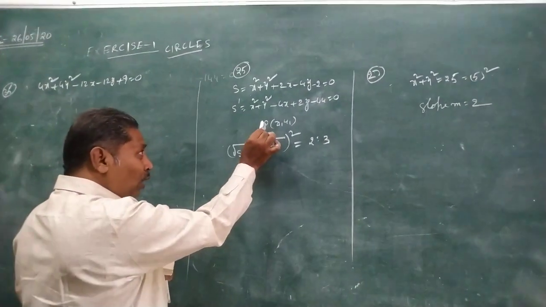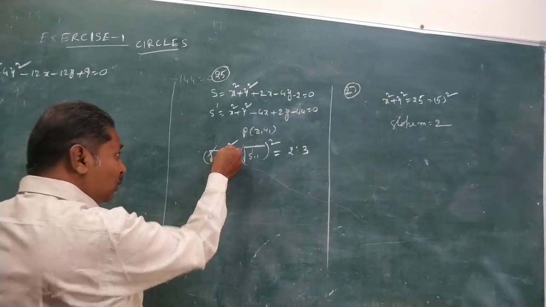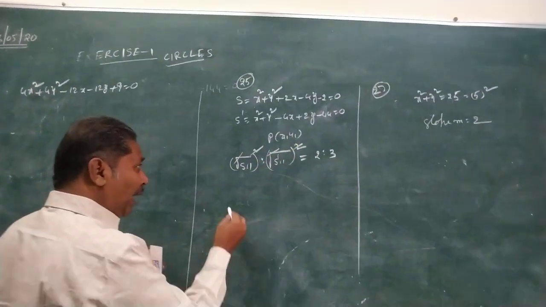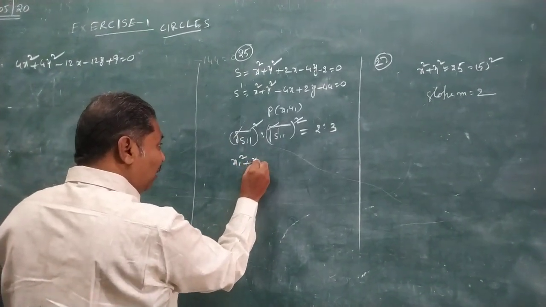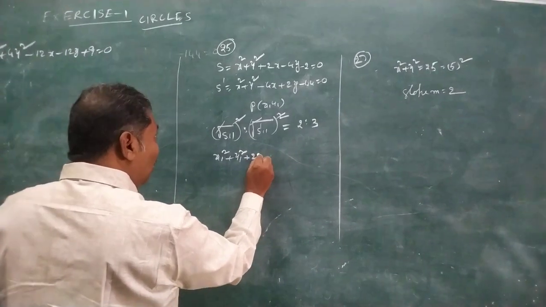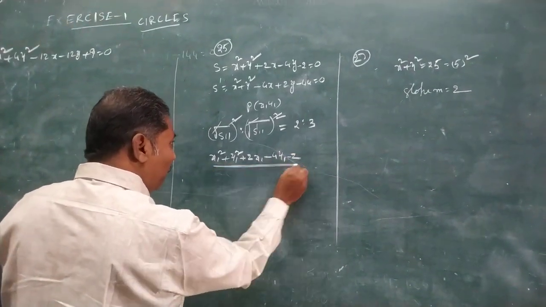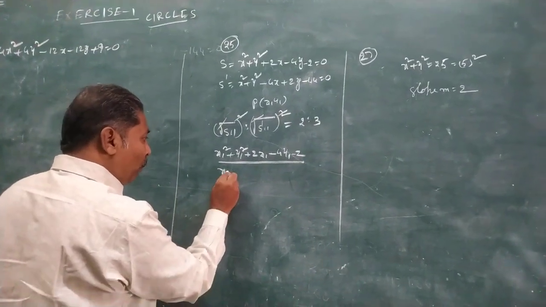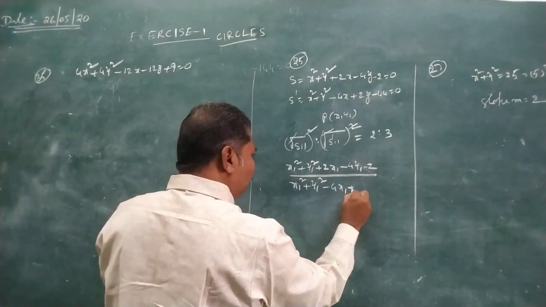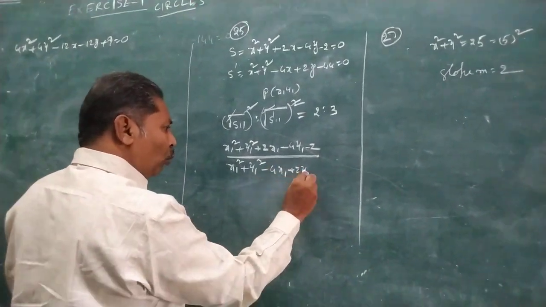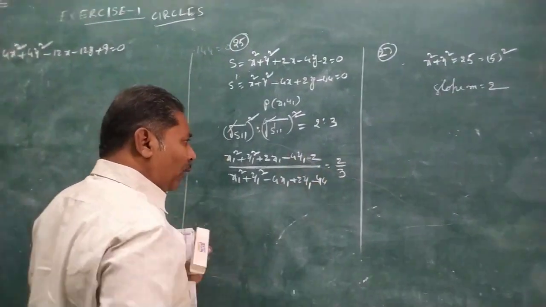Then given the locus of P is a circle. So the root 2 squares cancel. S11 means x1 square plus y1 square plus 2x1 minus 4y1 minus 2, by x1 square plus y1 square minus 4x1 plus 2y1 minus 44, equal to 2 by 3.